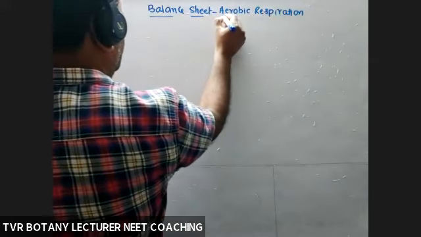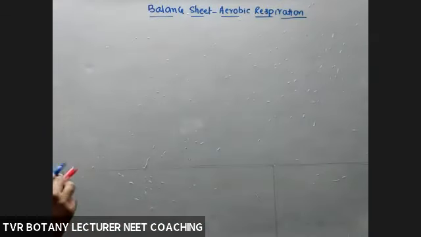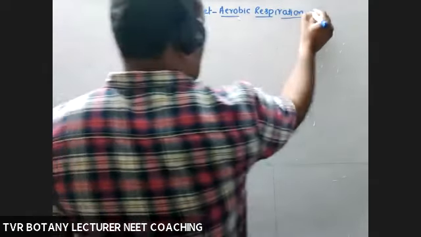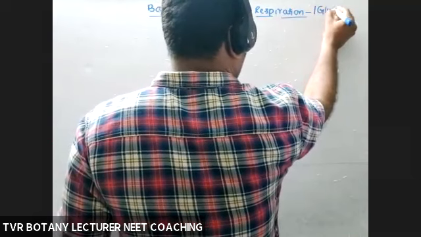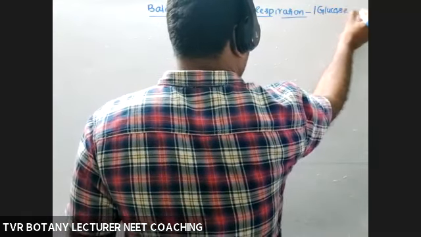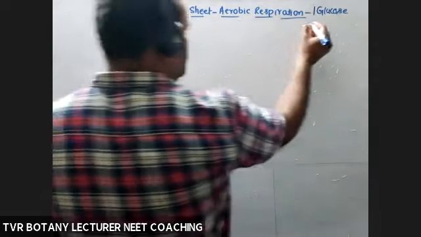Balance sheet of aerobic respiration. If one glucose molecule is involved in aerobic respiration, per glucose molecule, one glucose molecule. Here I'm going to give a shortcut for all reactions, glycolysis, link reaction, TCA cycle, electron transport system, including that. So this is a shortcut.